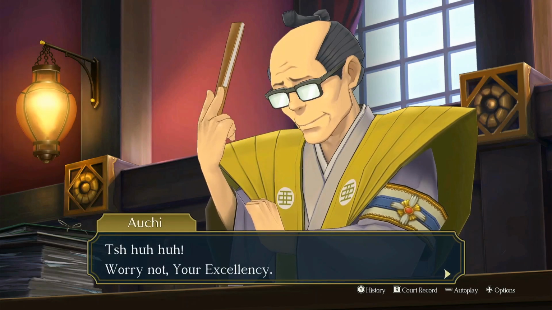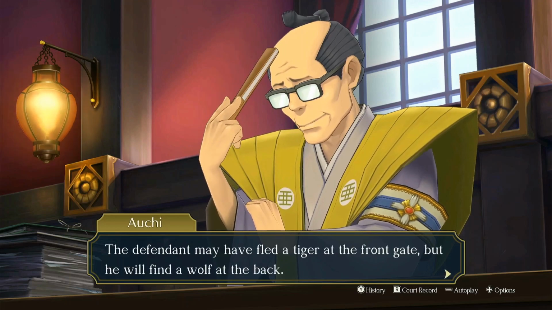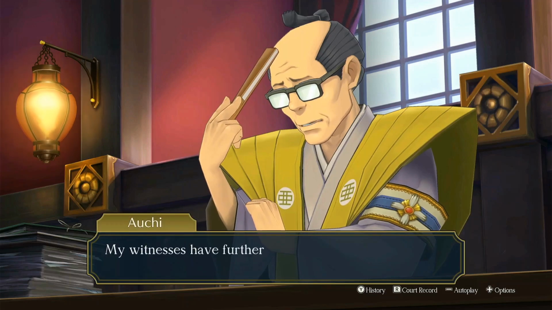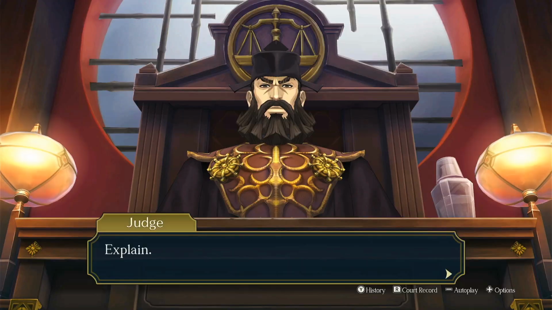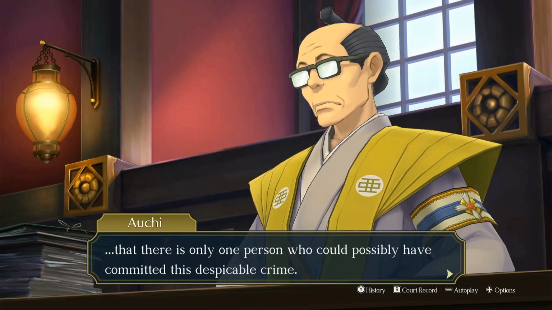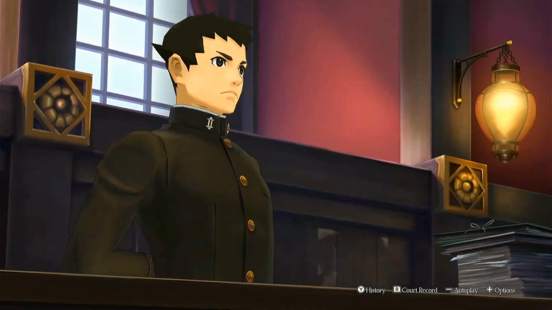Worry not, Your Excellency. The defendant may have fled a tiger at the front gate, but he will find a wolf at the back. My witnesses have further testimony to make. Explain. Upon hearing their next statements, it will become abundantly clear that there is only one person who could have possibly committed this despicable crime. The equally despicable defendant, Ryunosuke Naruhodo. What?